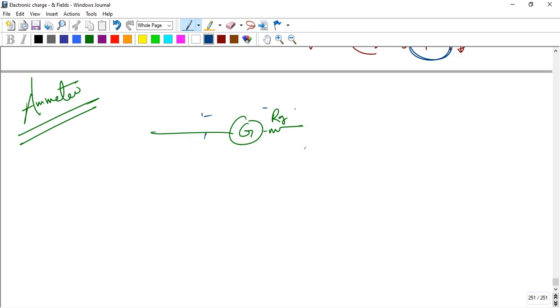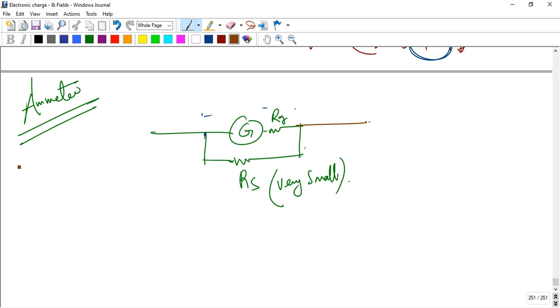Now we add a very small resistance to the current meter, called Rs. Rs is very small, and the ammeter is always connected in series.